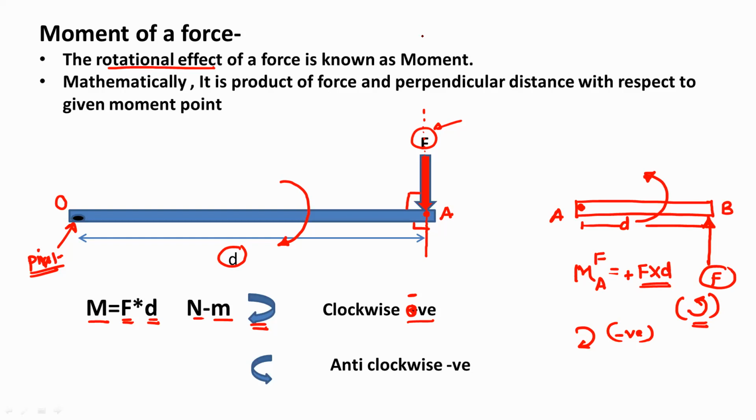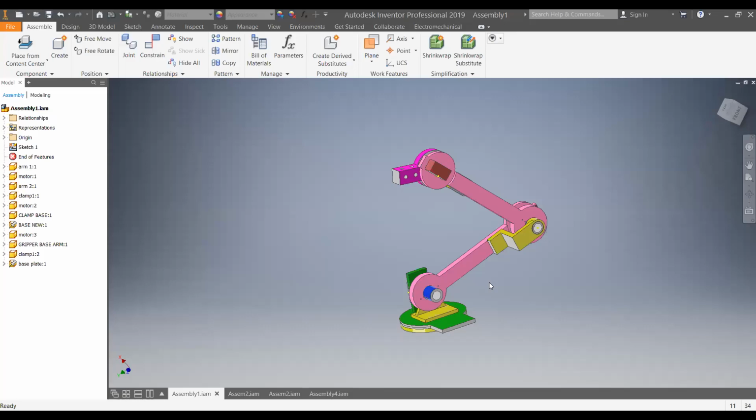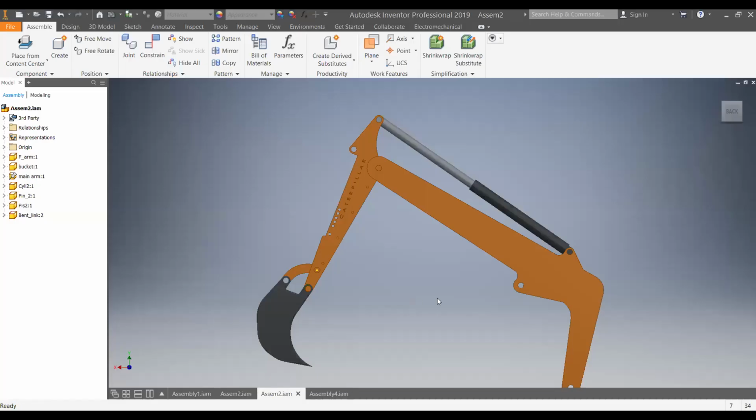Now I will show the simulation so you can understand the application of moment. This is the JCB arm.